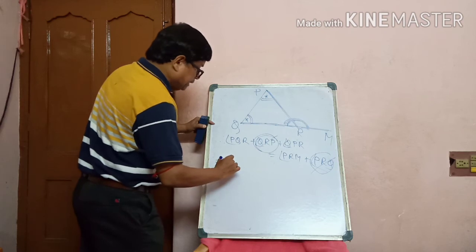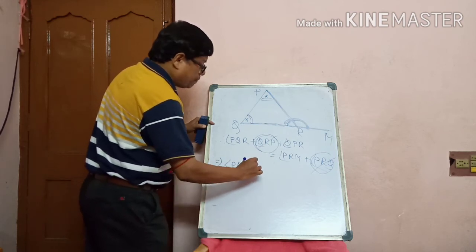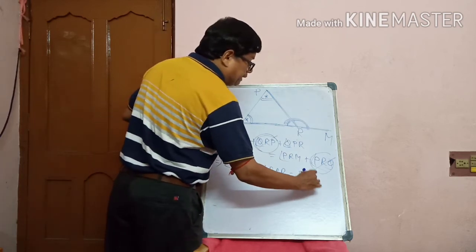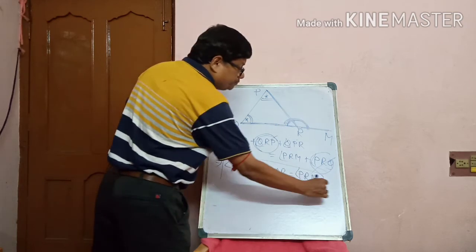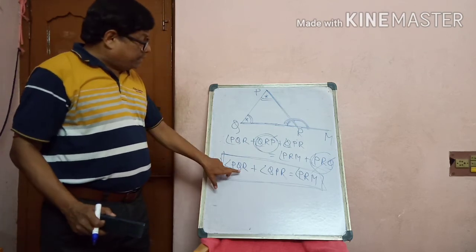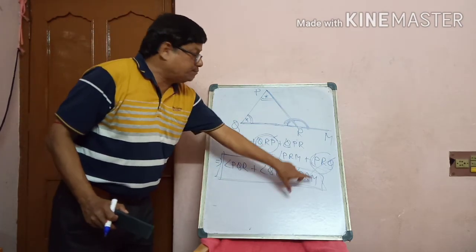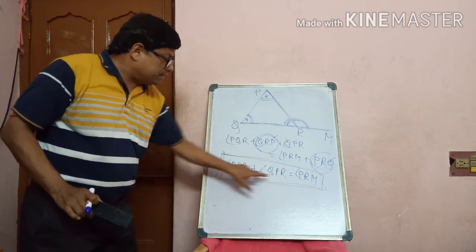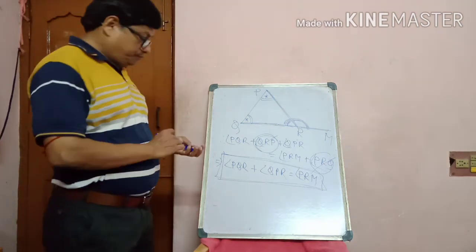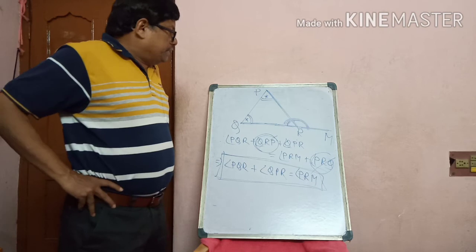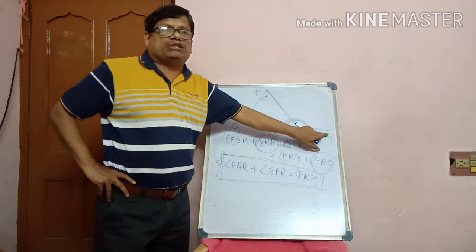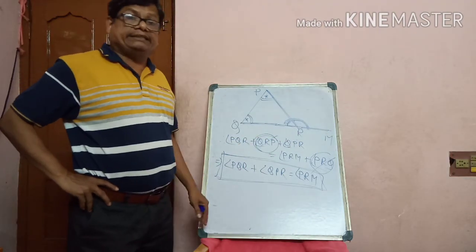So write here PQR plus QPR equal to PRM. See the proof. Proof is given. This is PRM, the exterior angle, equal to the sum of two opposite interior angles. Keep in mind. So in a triangle, if any one side is extended, then the exterior angle equals the sum of the two opposite interior angles.